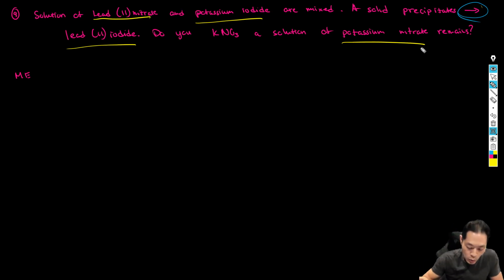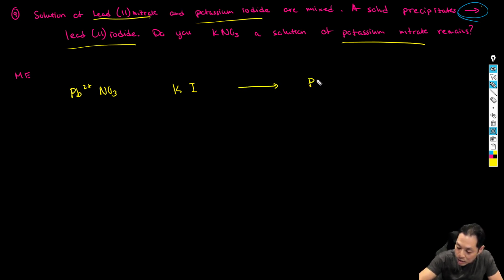So we have lead, Pb. I'm going to write the charge just because it's given to us. Nitrate is NO3. Then I have potassium iodide. Then I have a solid precipitate of lead. Let me draw my arrow. Lead, Pb2, iodide, I, and then potassium K nitrate, which is NO3.